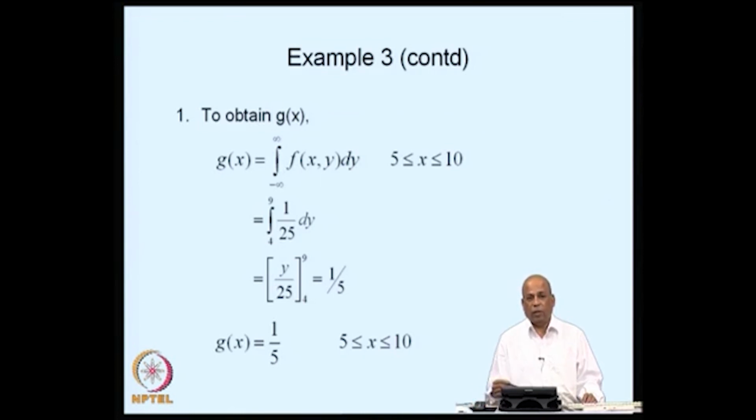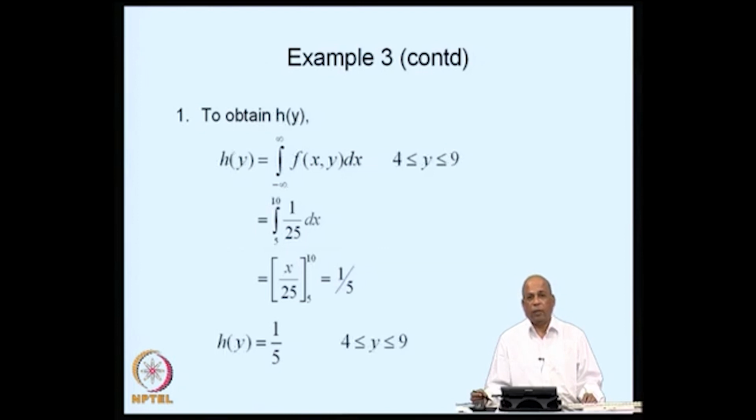So, we get g(x) is equal to 1 by 5 for the region x lying between 5 and 10. Similarly, we get h(y) by integrating the joint PDF over the entire region x, and we again obtain this as 1 by 5 for the region y lying between 4 and 9.